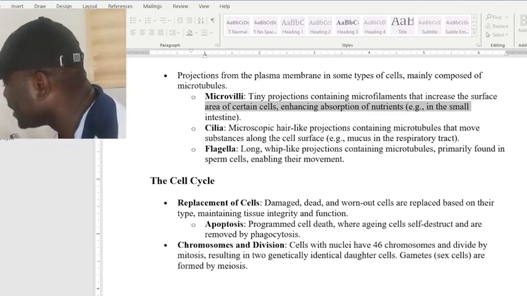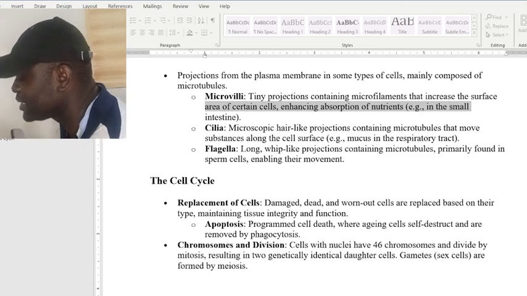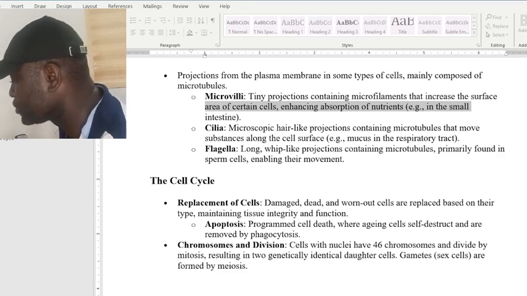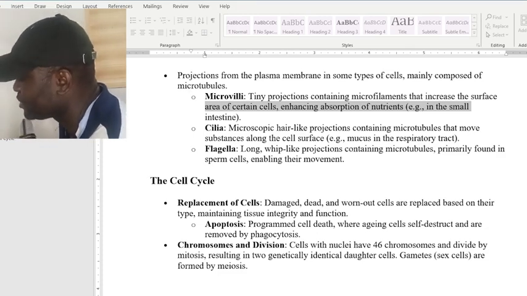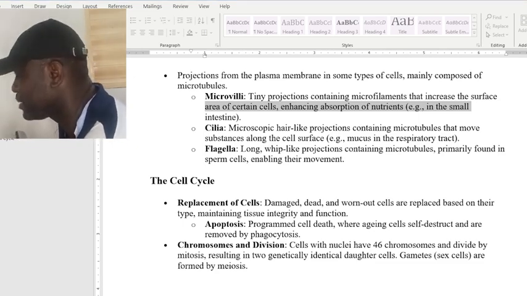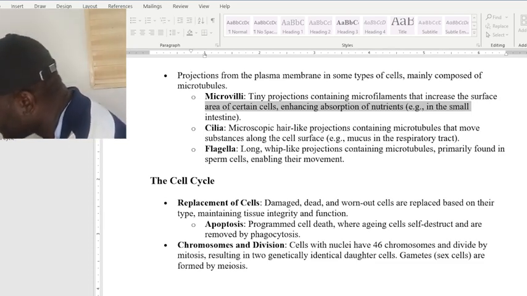Then we also have cilia. Cilia are microscopic hair-like projections, and they contain microtubules. In the respiratory tract, we have cilia because the cilia help you to sweep foreign particles. The mucus will trap foreign particles.